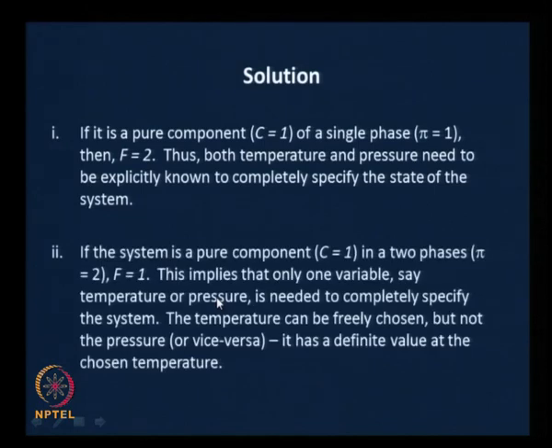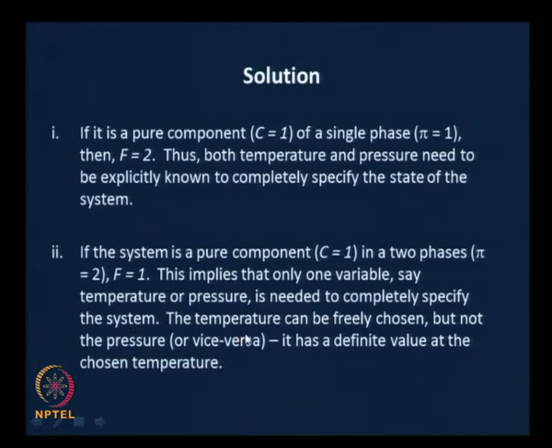The second example was if the system is a pure component, C equals 1 in 2 phases, pi equals 2, then F equals C minus pi plus 2, and that turns out to be 1. In this case we just need one variable, say temperature or pressure, and that is the only thing that is needed to completely specify the state of the system.